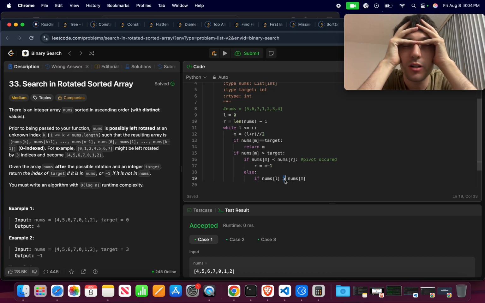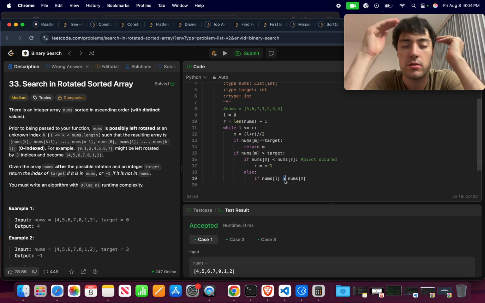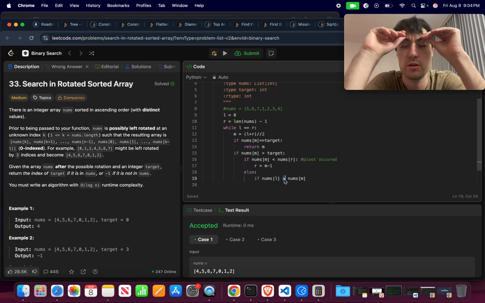Mid is too big, and I'm looking for something smaller, so I'll go to the smallest number in there.